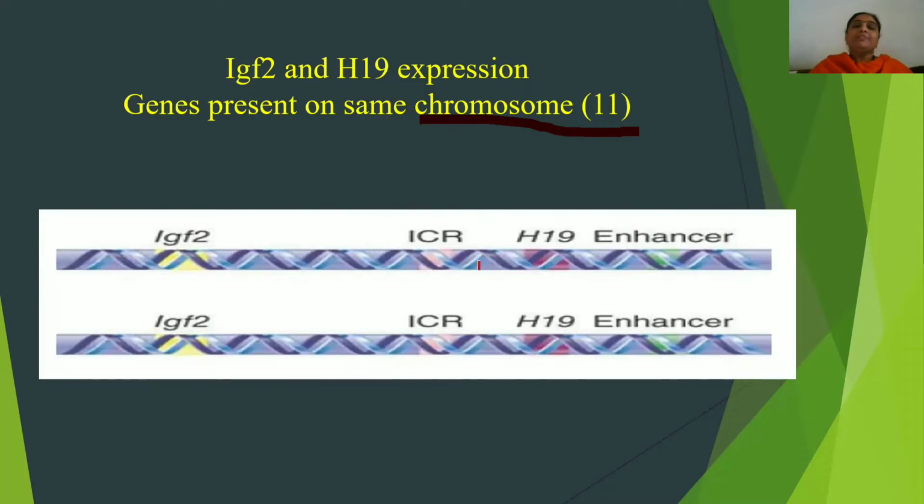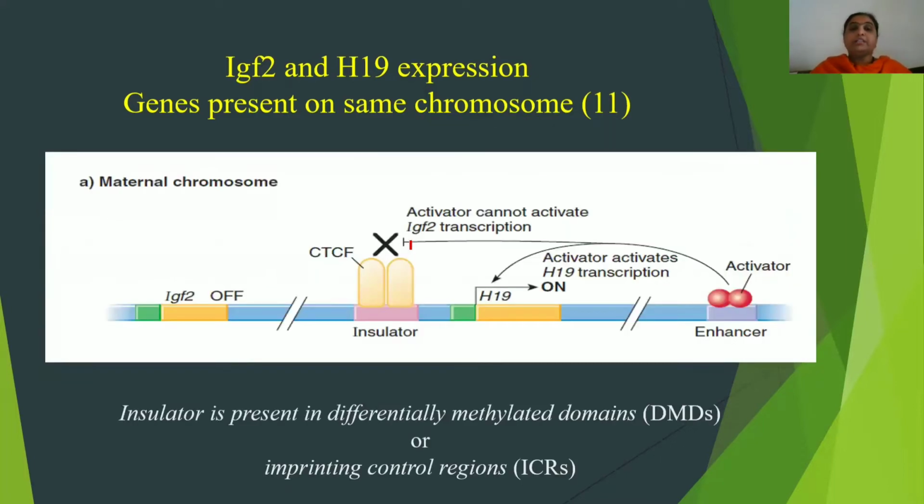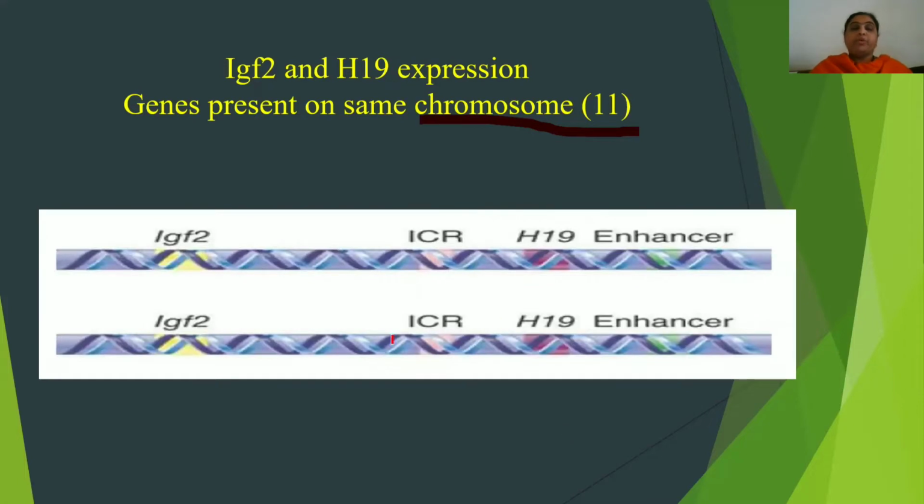There is a placement of this ICR. ICR is the imprinting control region, also called the differentially methylated domain. In this ICR, there is an insulator.